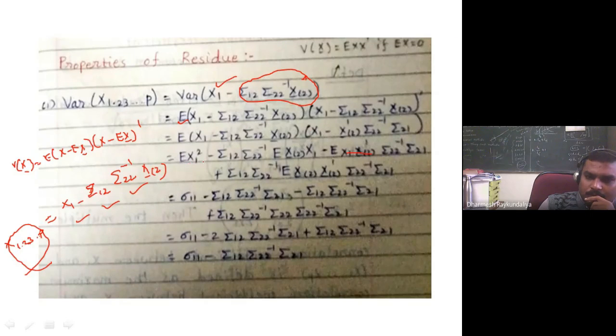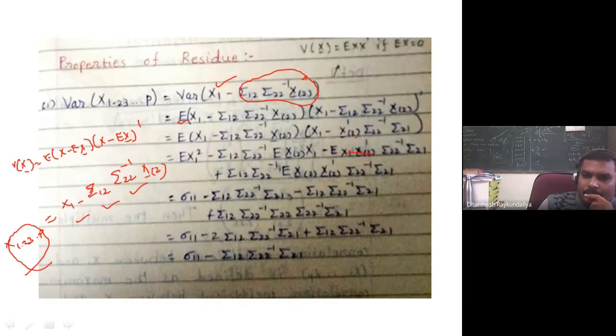So it is expectation of x1 square, and this sigma 1 2 sigma 2 2 inverse x2 is multiplied with x1. What you will get? This sigma 1 2 sigma 2 2 inverse is a constant, and then expectation of x2 x1, and again this quantity is multiplied with this. So expectation of x1 x2 transpose, this quantity is constant, तो वो कहाँ जाएगी? पीछे की साइड बाहर निकलेगी. ठीक है.